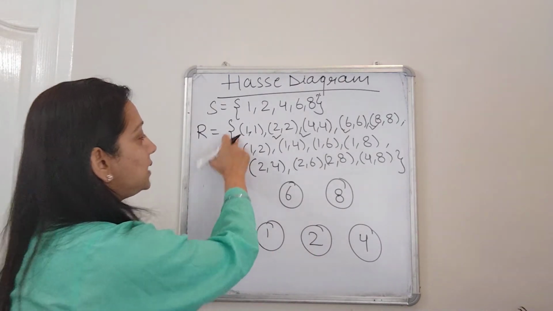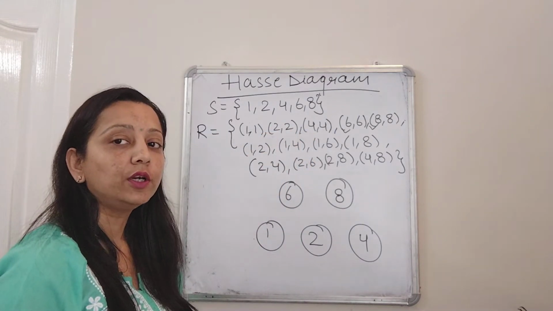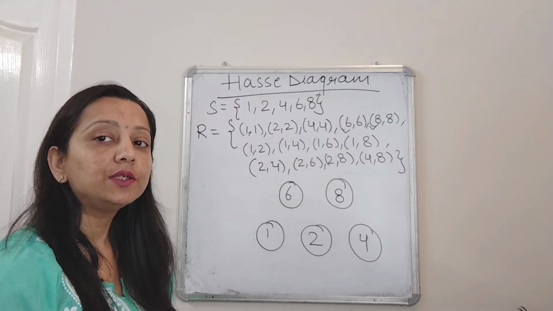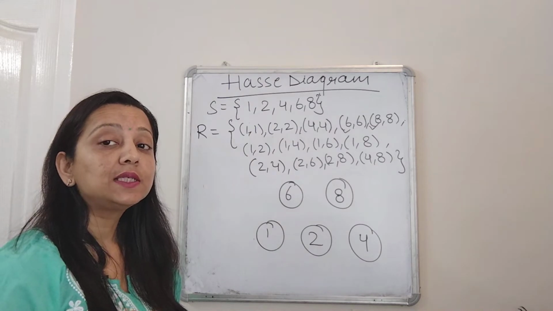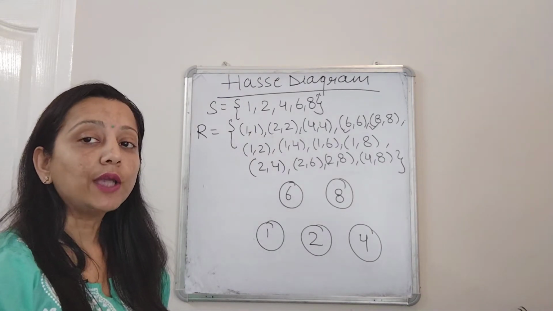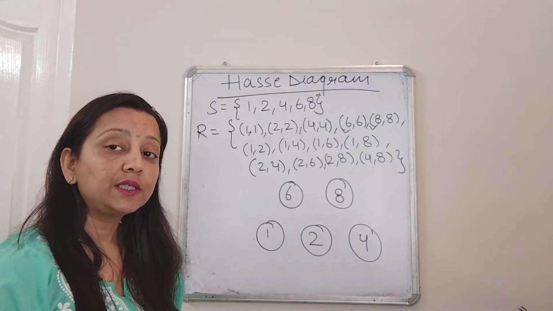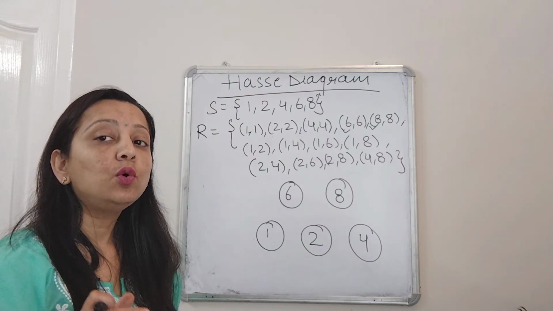Now the next step is to see which elements exist in the ordered pairs, or which elements are related to each other. Since I know that this is a partially ordered relation, it is quite obvious that it will be reflexive. And since it is reflexive, that means all the elements will be related to themselves.